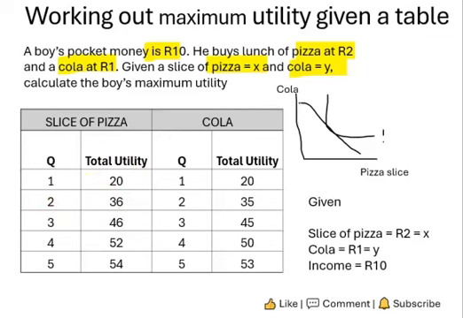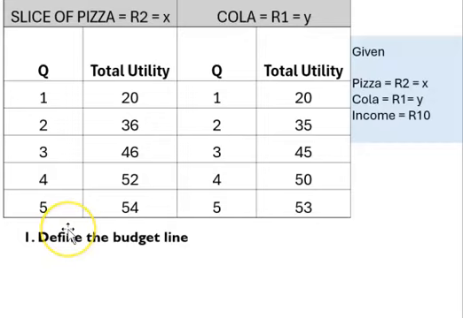So the first thing that we need to do is determine the budget line. We know that the equation for the budget line is income equals the price of x times quantity of x plus price of y times quantity of y.